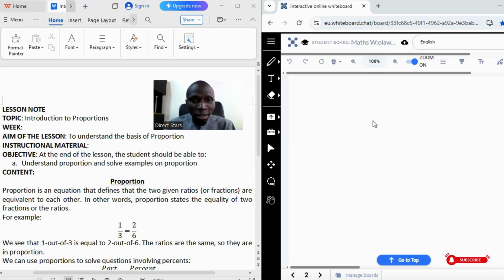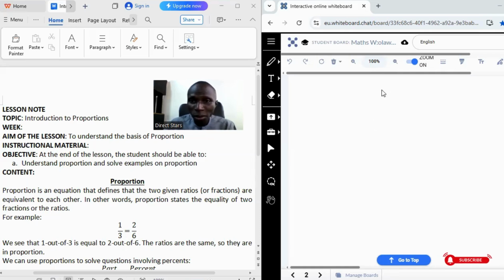So what is proportion? Proportion is an equation that defines that the two given ratios or fractions are equivalent to each other. In other words, proportion states the equality of two fractions or ratios.